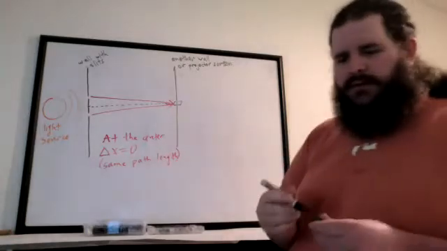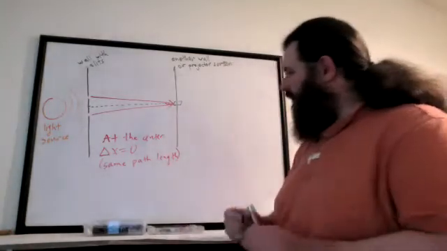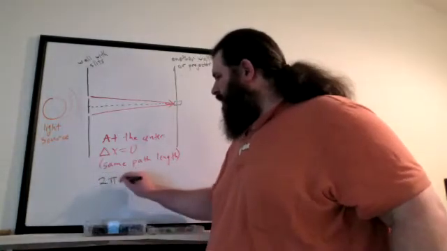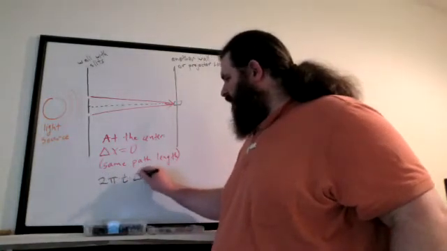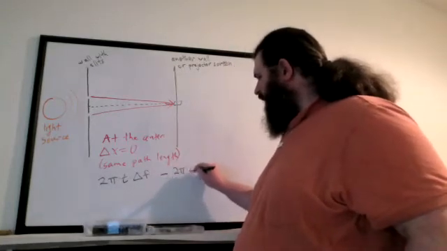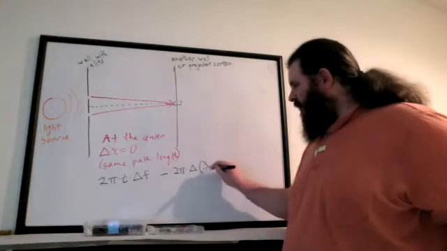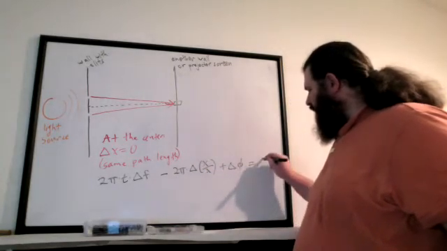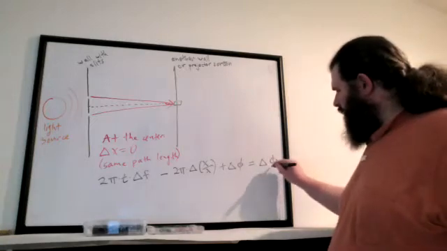So if we were to write out an actual phase chart there, if we do our usual 2 pi times t times delta frequency minus 2 pi times delta x over wavelength plus delta phase shift equals delta total phase.